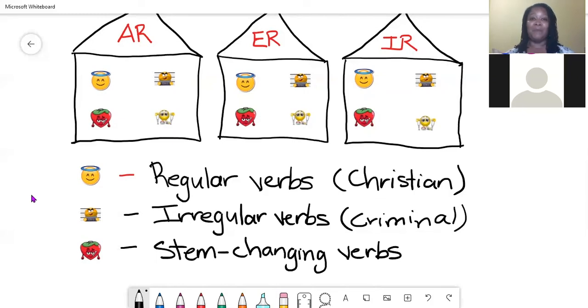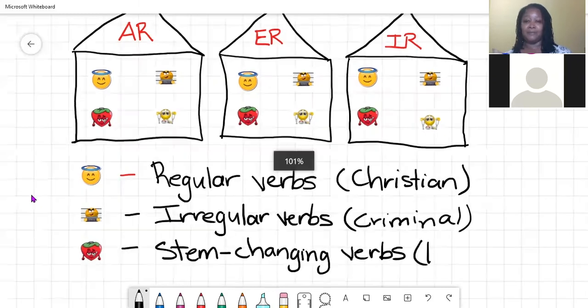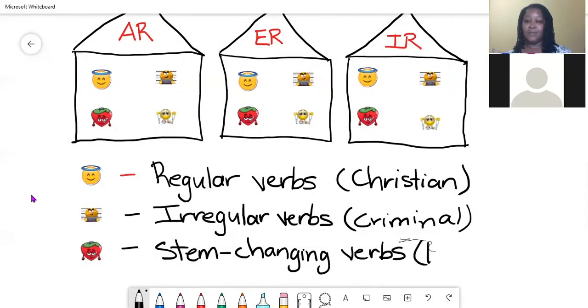So something is happening with the stem. In another lesson, you're going to learn about the stem of a verb versus the ending of a verb. So with our stem changing verbs, I like to say that they have heart problems. Heart problem verbs.